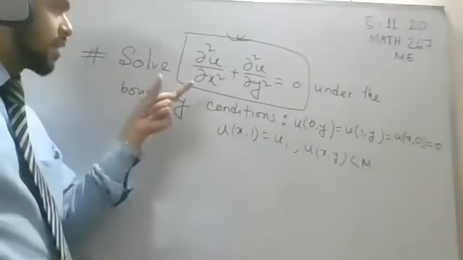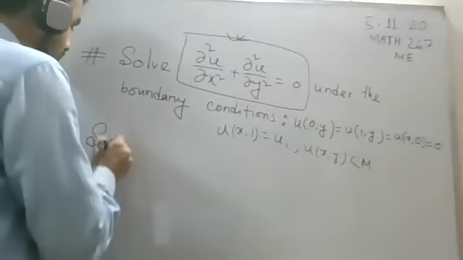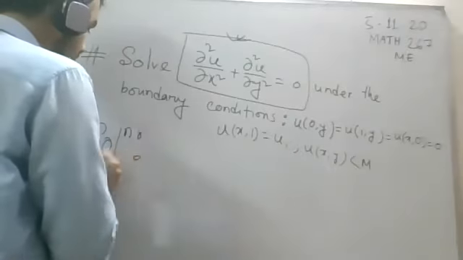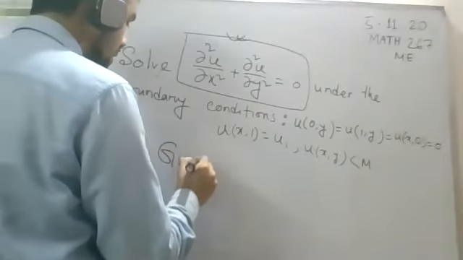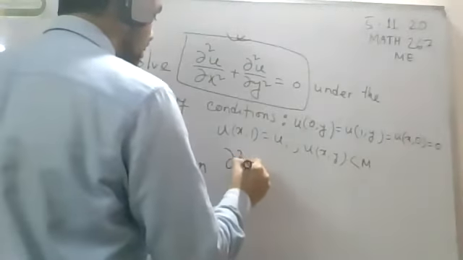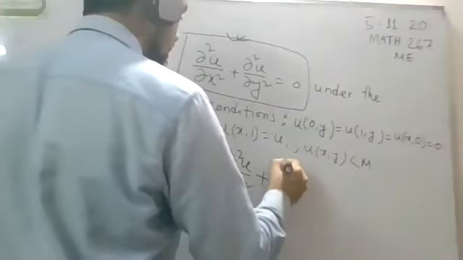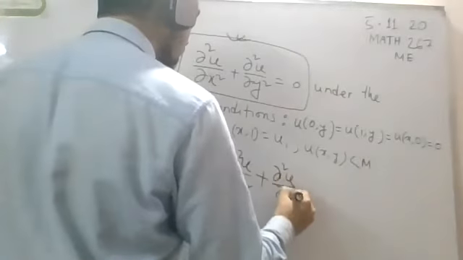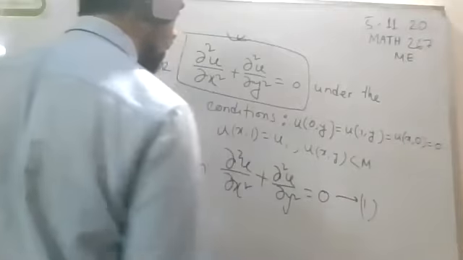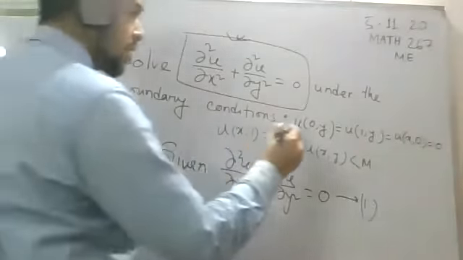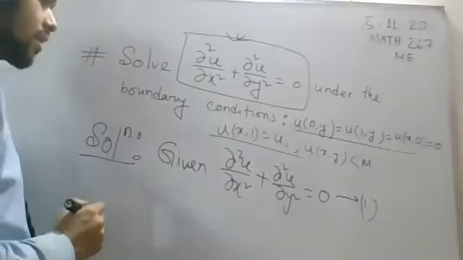Now here, for solving this kind of problem, you are given del square u by del x square plus del square u by del y square equals to 0. This is your equation 1. And also here some boundary conditions and initial conditions are given.